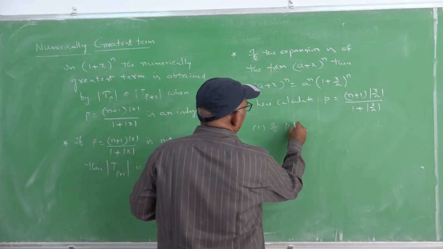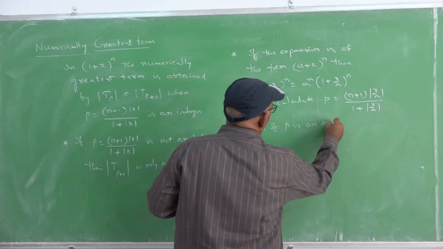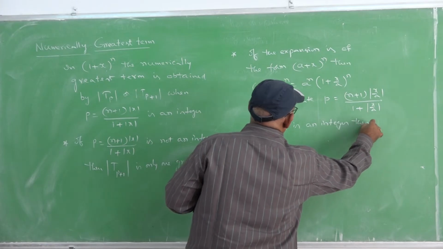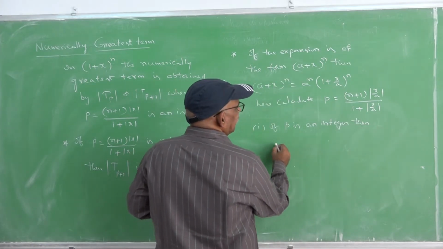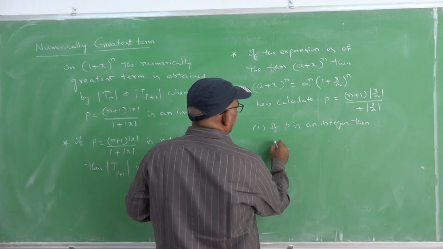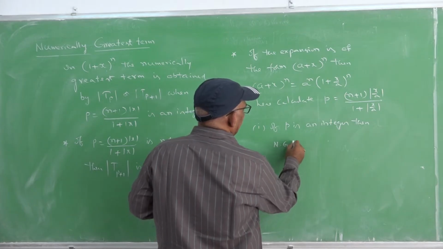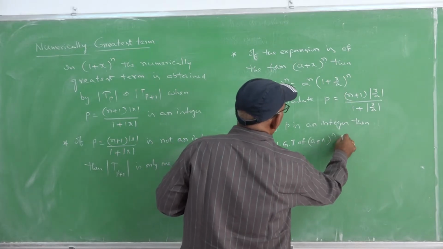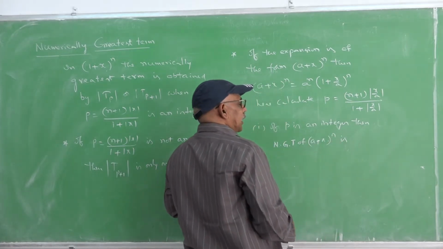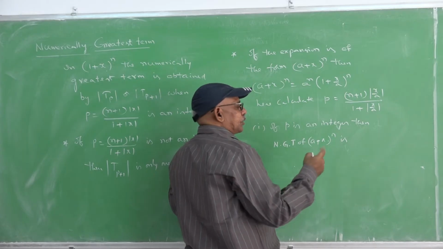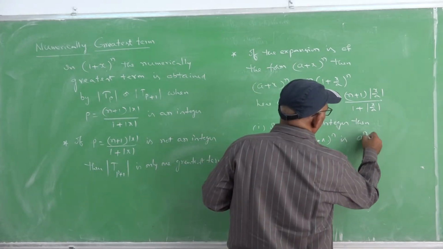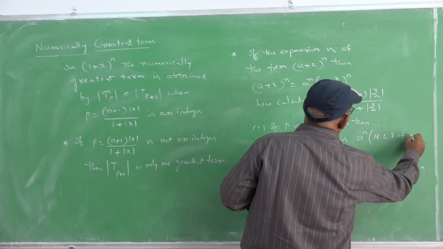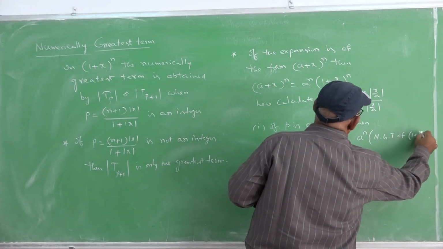If p is an integer, then the numerically greatest term of (a + x)^n is a^n into the numerically greatest term of (1 + x/a)^n.